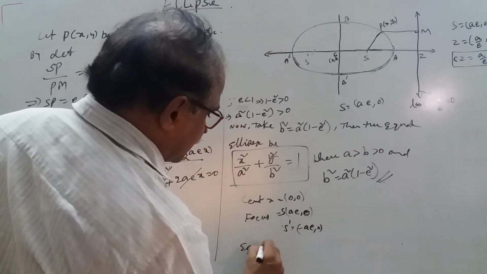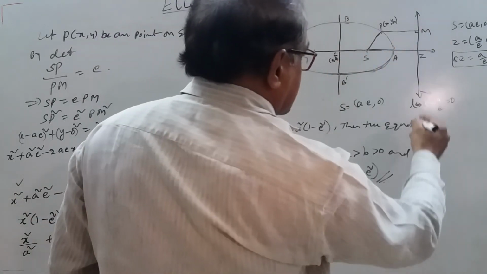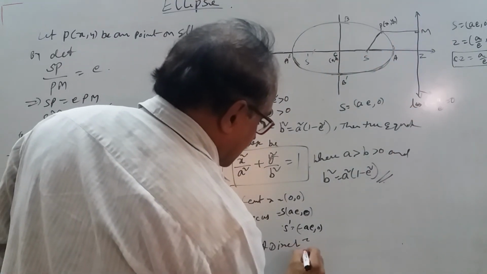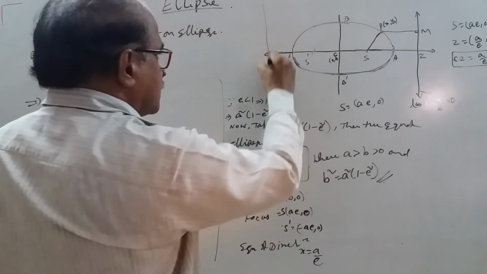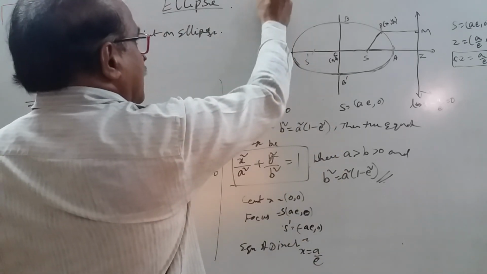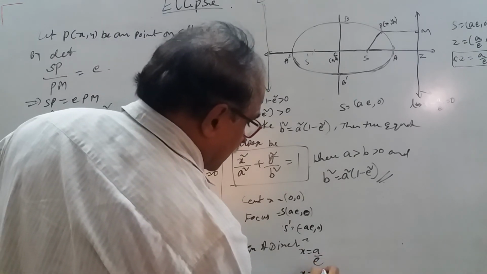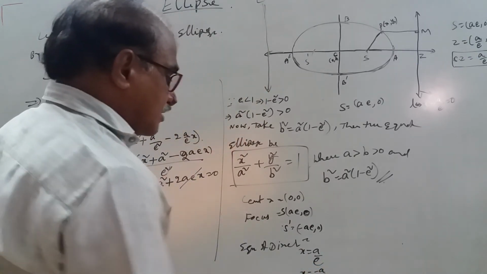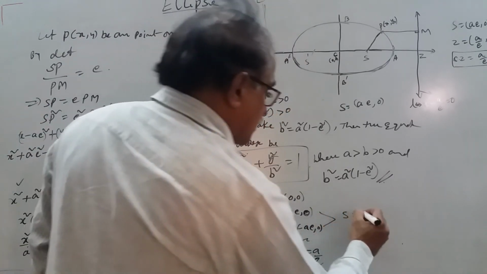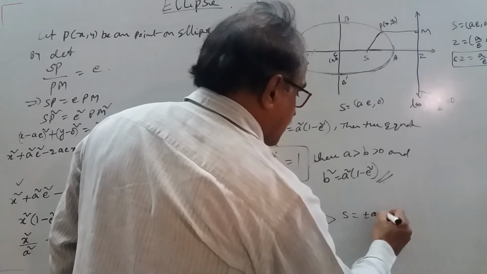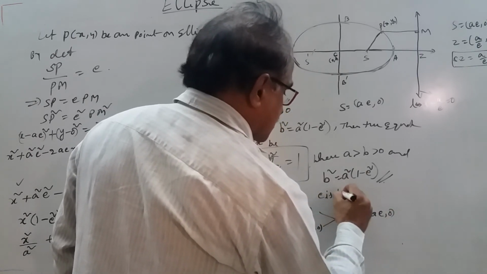Similarly, the equations of the directrix are this line, that means x is equal to a by e, or on this side, L dash, x is equal to minus a by e. That means the foci are (plus or minus ae, 0). Here e is the eccentricity.